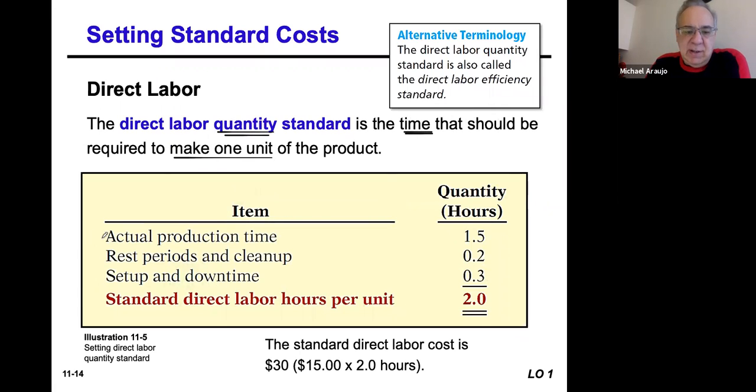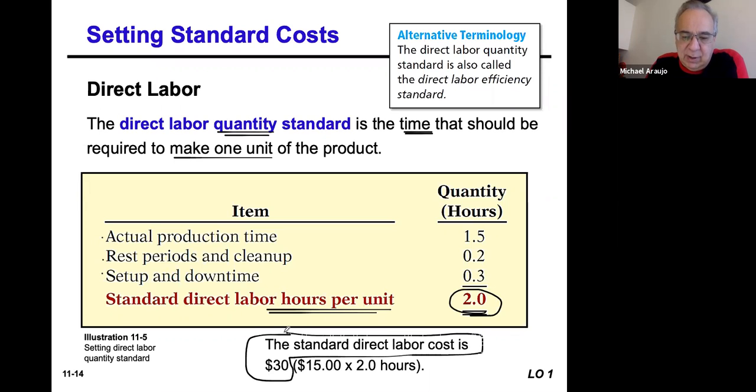Well, as you see here, between setup and breakdowns and a little bit of cleaning up and so forth, they've set it for 2 labor hours for each unit. So if you have 2 labor hours a unit, and the standard price for those labor hours is $15, you've got $30 in standard labor costs to produce one of those units.